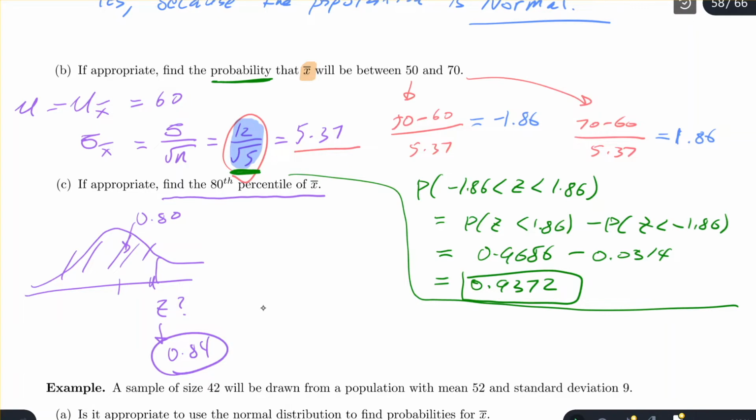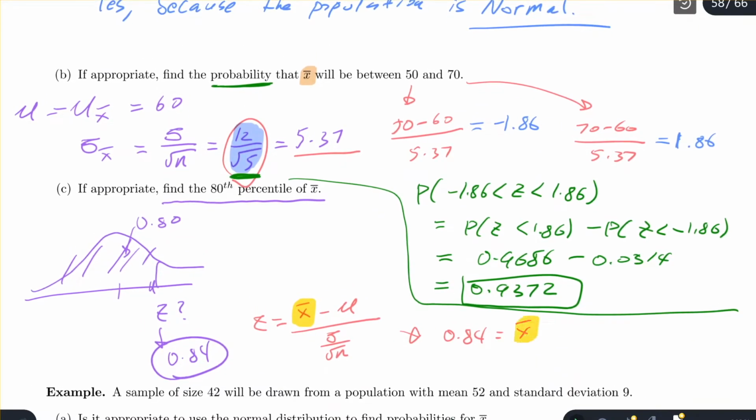Then we know that the z-score is X bar minus the mean, divided by the standard deviation, which is new. We have to adjust it for this problem. We know all the other values. We know the z. We're looking for X bar in this problem.